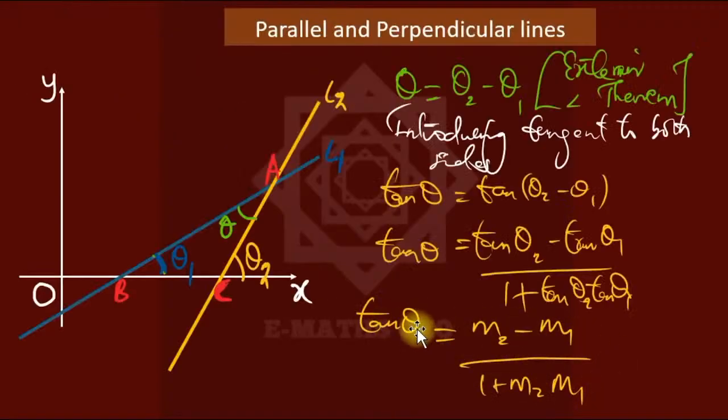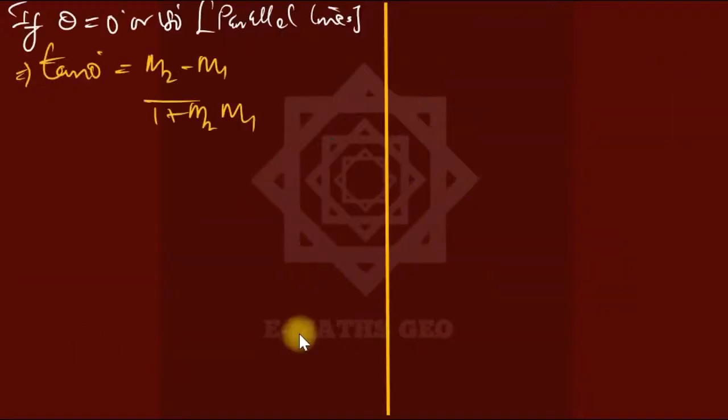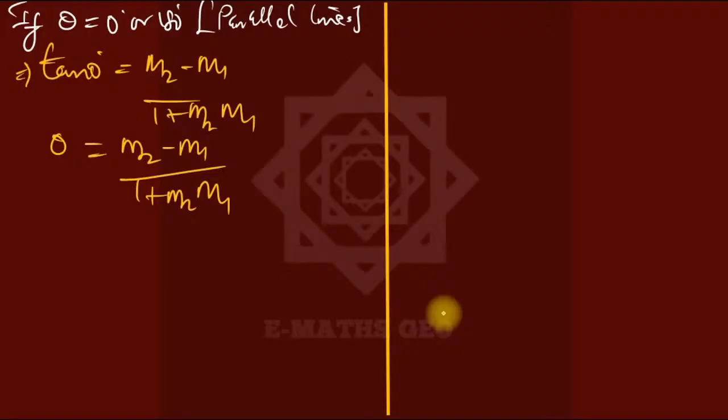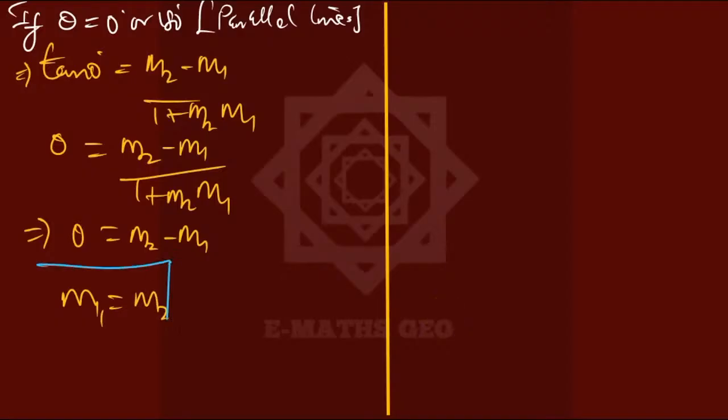Tan 0 is 0, and for a quotient to be 0, the numerator must be 0. So 0 equals m2 minus m1, that is m1 equals m2. So that's the condition for parallel lines.